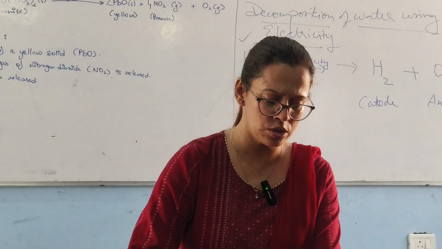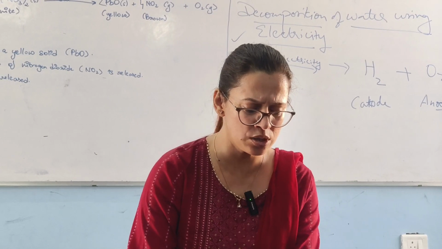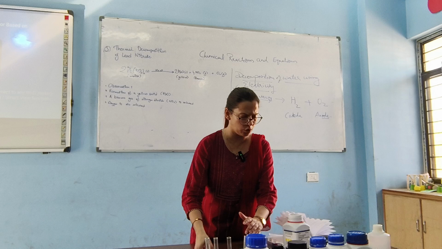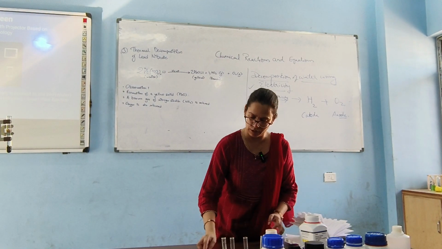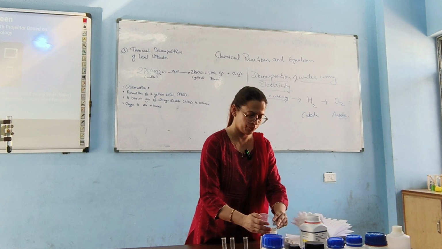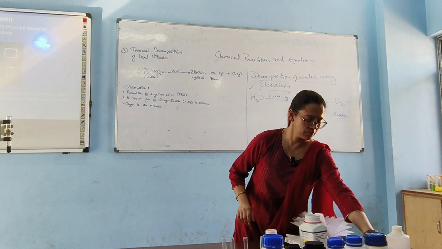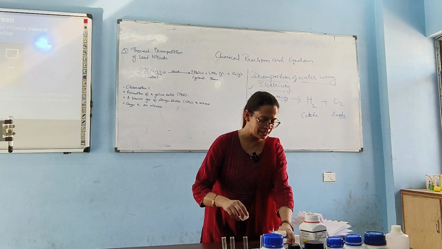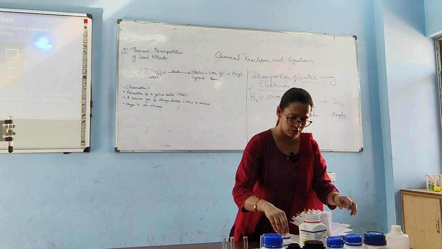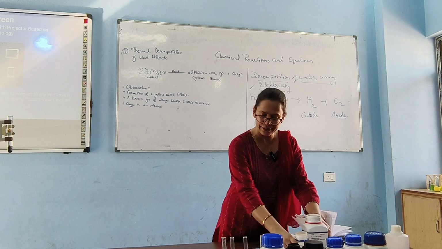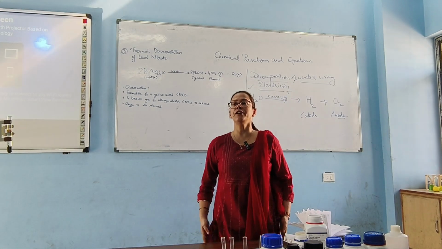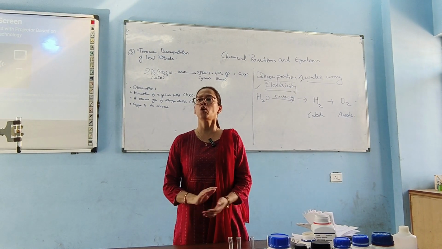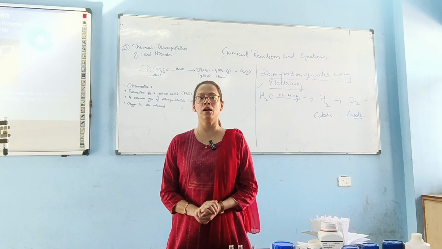Silver bromide is a compound which is used in black and white photography for getting the printouts. ये बाद में करते हैं. So silver bromide is also a white color powder.